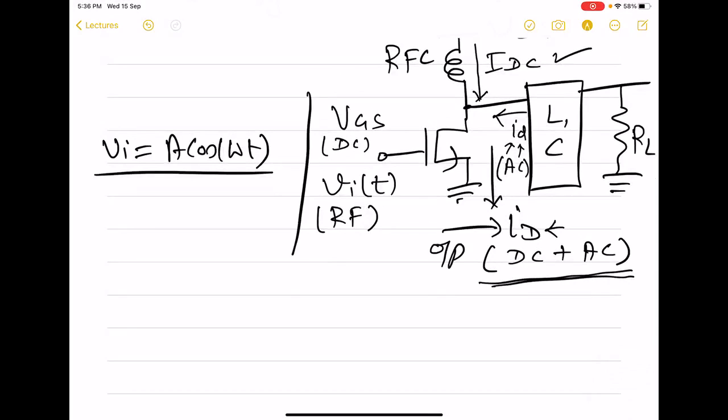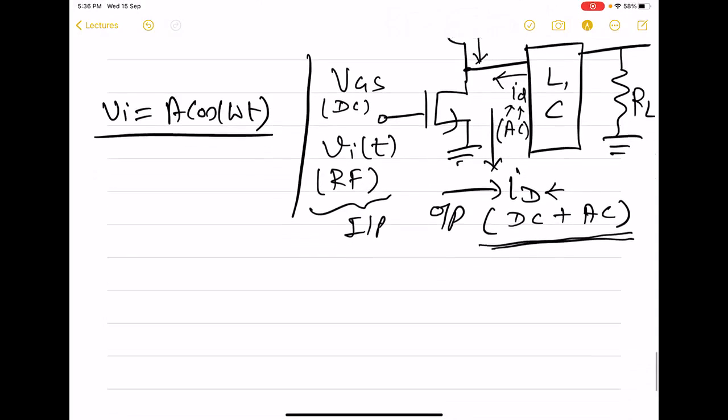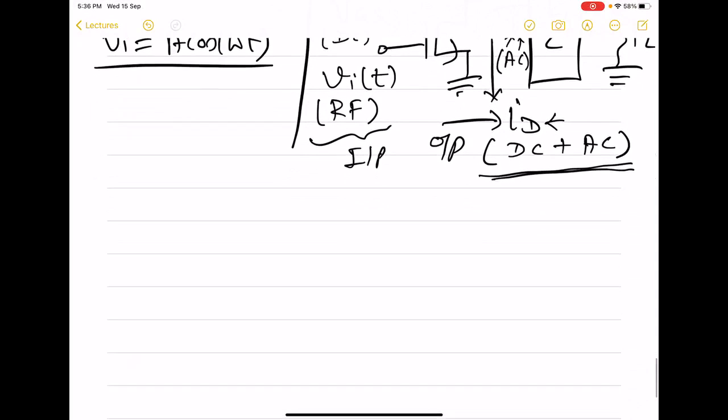So this is the output quantity and this is the total input. So we will first talk about the input. What we have here is the total gate to source voltage, which is DC plus AC.